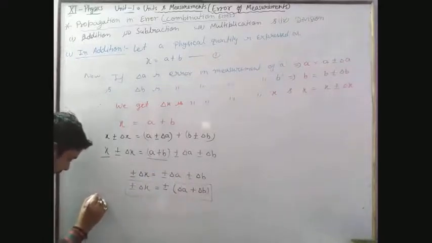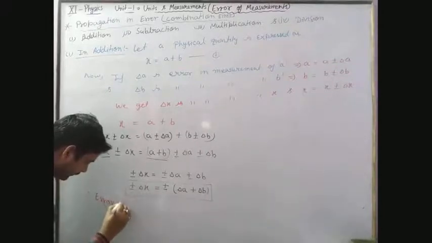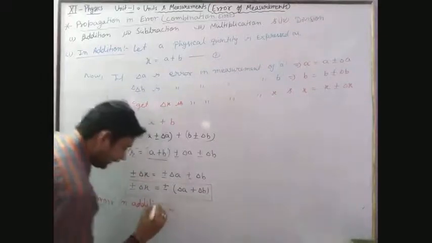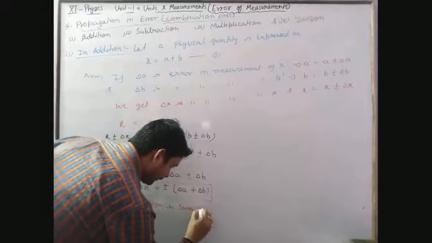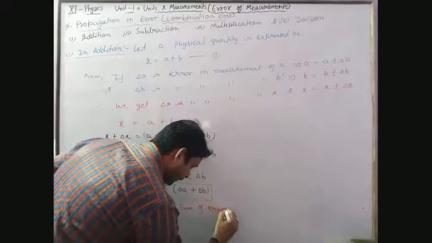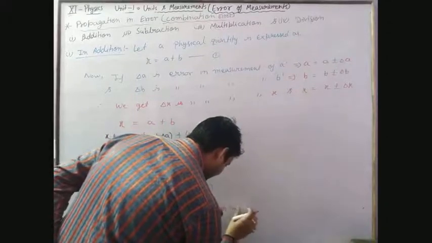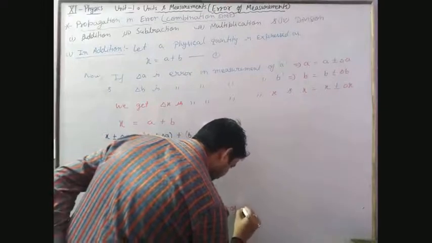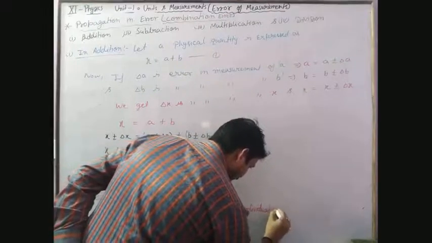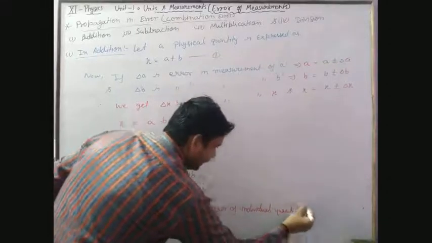That means error in addition is sum of error in individual quantity.